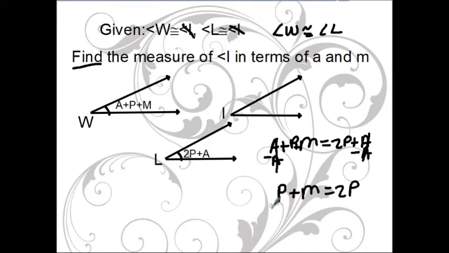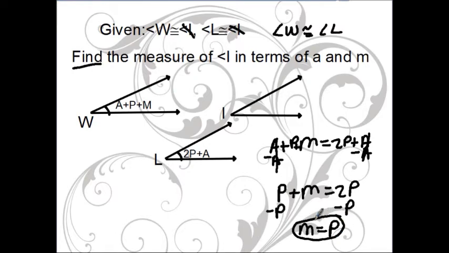Next thing that I'm going to do is I'm going to subtract P from both sides, which leaves me with M equals P. Now, if M equals P, anytime I see an M, I can replace P, and vice versa. This is where our substitution property is going to come in.